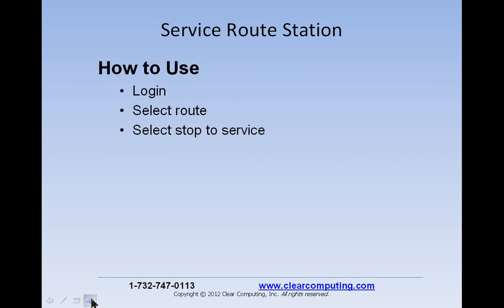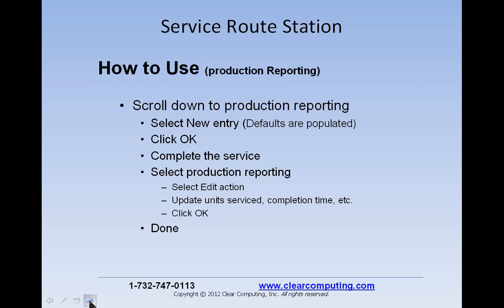This presentation will cover logging on to the station, selecting a route for a specific driver, selecting a stop on that route, and then entering the production reporting, which consists of scrolling down to select New, clicking OK, then going and completing the service, which means driving to the location, cleaning the units, and when you're done, coming back to the browser or web station, selecting the production, choosing Edit, Update Units Count Serviced and Completion Time, clicking OK, done, and then you repeat that for each step.